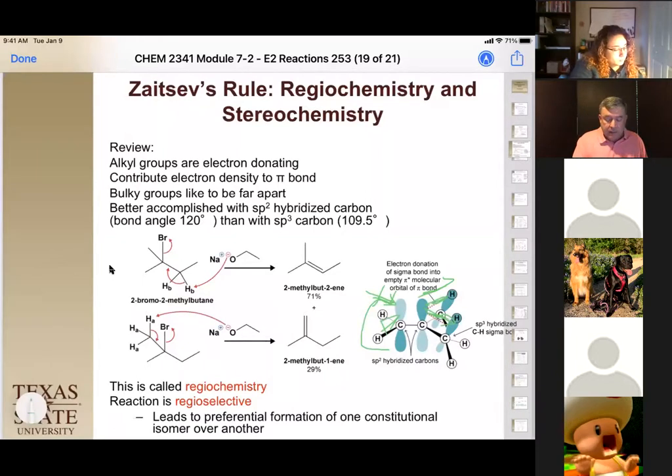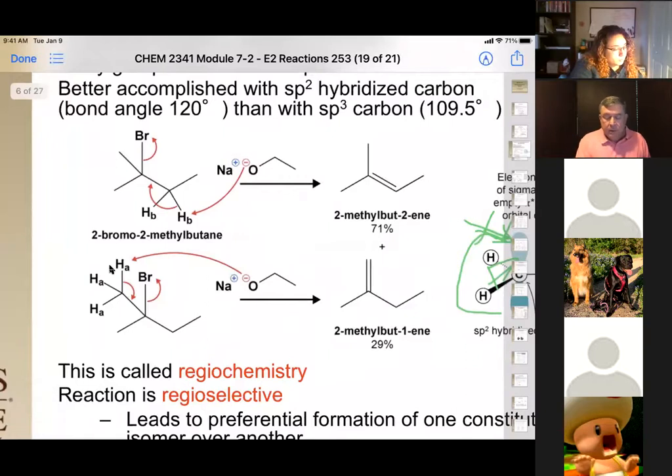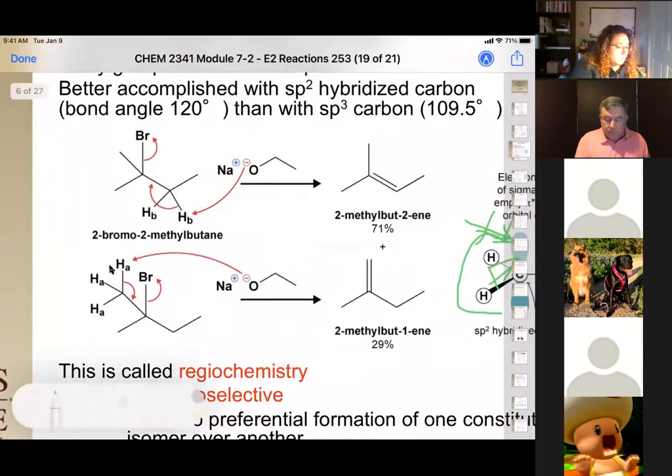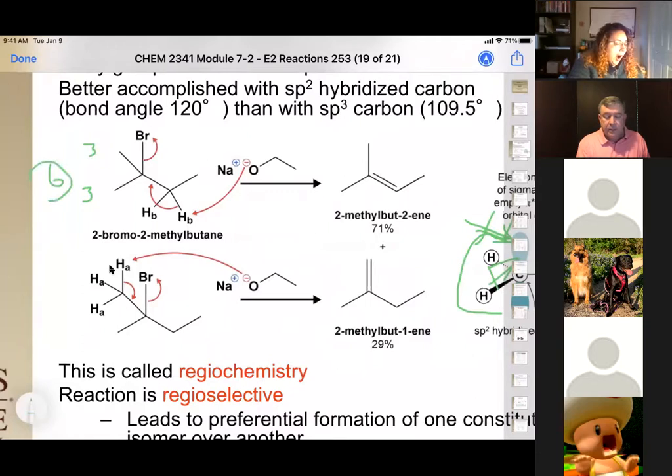Okay, so let's look at that as a function of this compound here. So even though there's 6 of these right here, there's 3 here and 3 here. So there's 6 of these hydrogens and there's only 2 of these hydrogens. Thermodynamically, it's going to preferentially remove one of those 2 hydrogens to form our internal tri-substituted alkene. Okay. Now, if it removes any one of these 6 hydrogens here, it's going to give our less thermodynamically favored product, this di-substituted alkene.